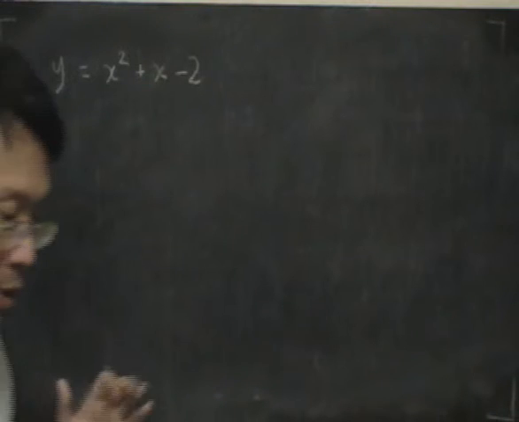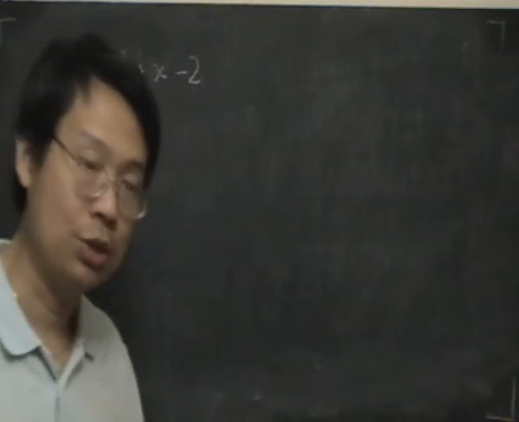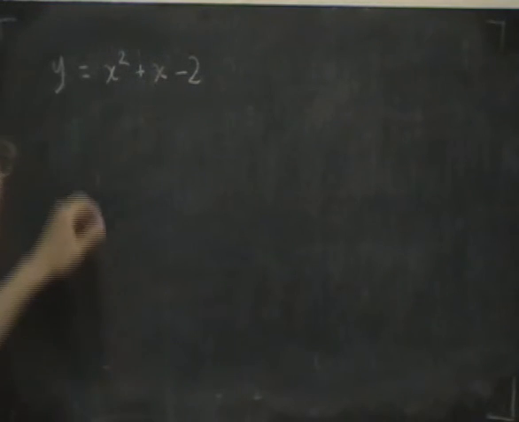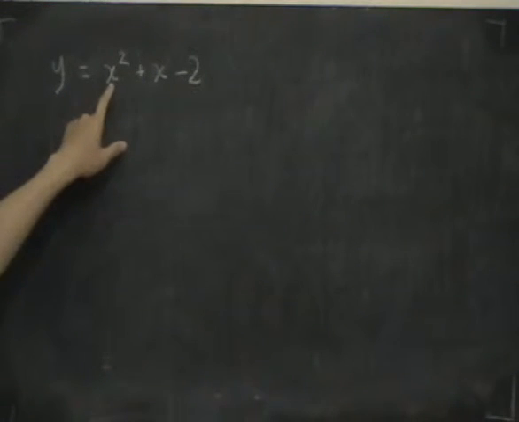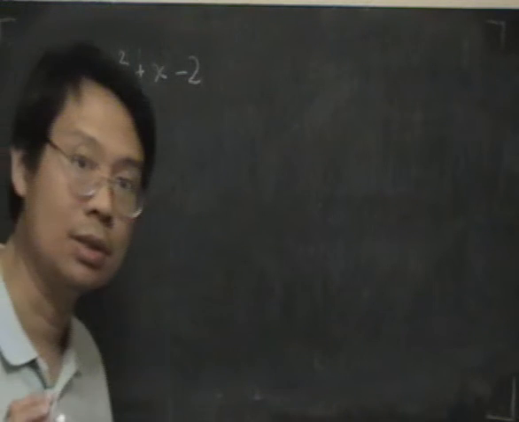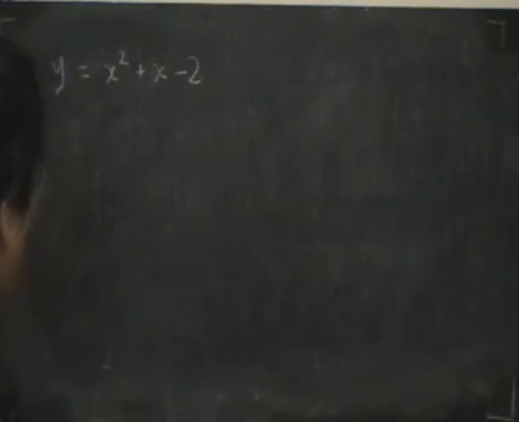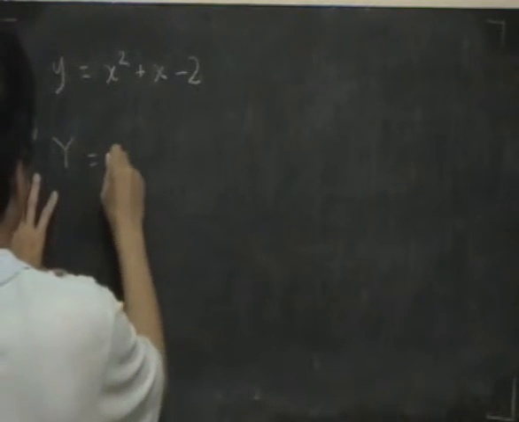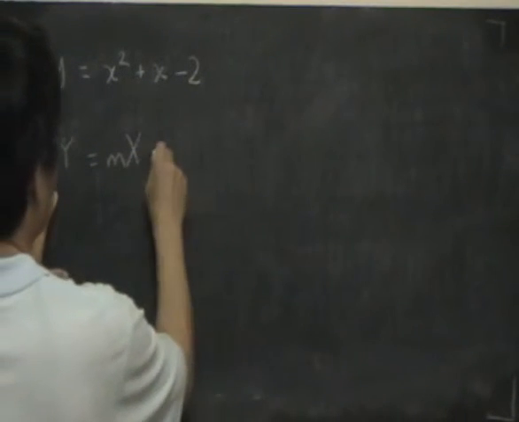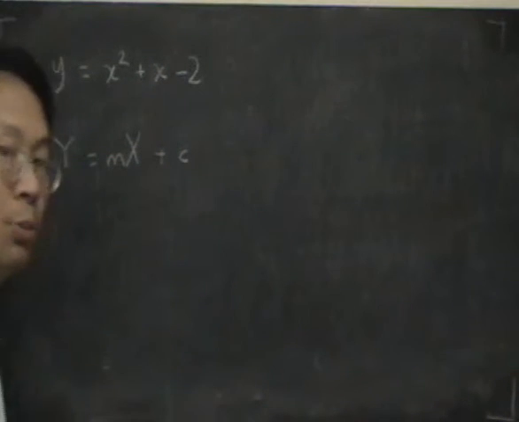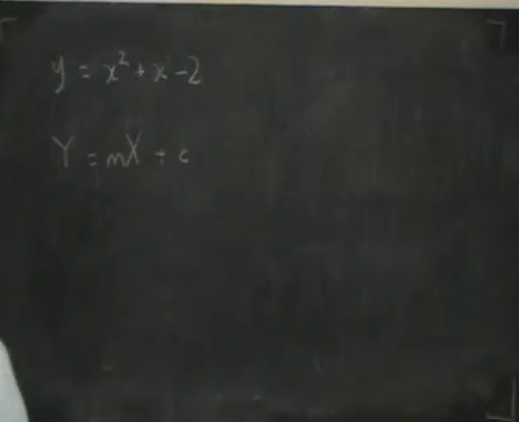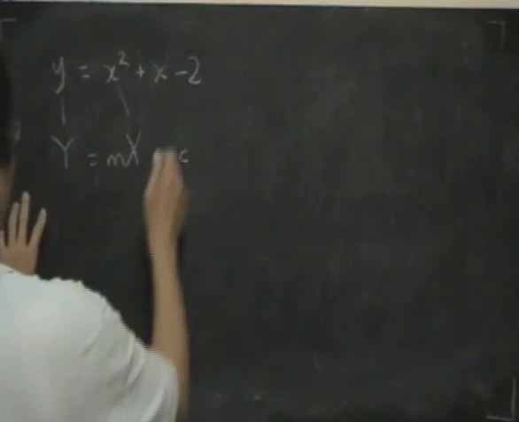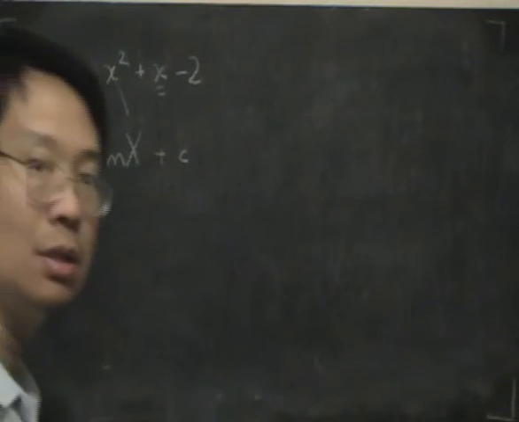But you may ask, can I not do the trick just now and turn this into a straight line? If I say that the x squared here is, say, a capital X. Now we can't, because if you, for example, compare with the y equals mx plus c formula for straight line, you can say that we let y be capital Y and x squared be capital X. But what about the x?